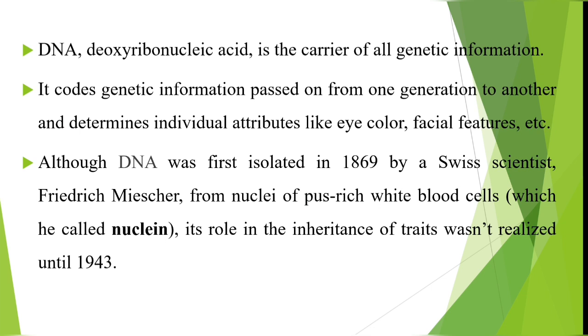Genes are actually DNA. Although DNA was first isolated in 1869 by the Swiss scientist Friedrich Miescher from the nuclei of pus-rich white blood cells, he called it nuclein. At that time, DNA was not named DNA, so he called it nuclein.